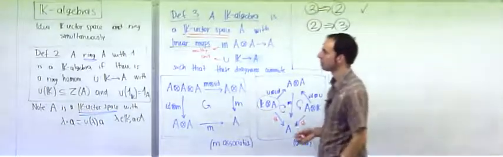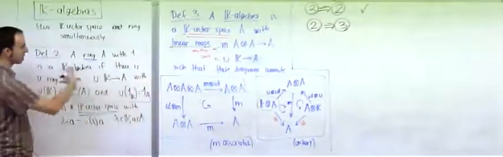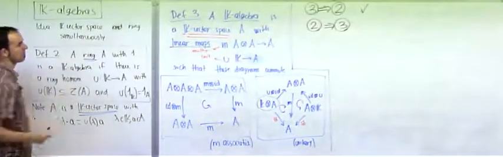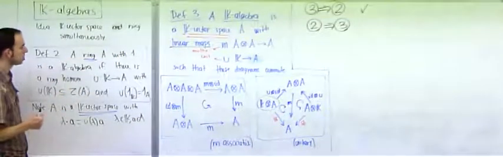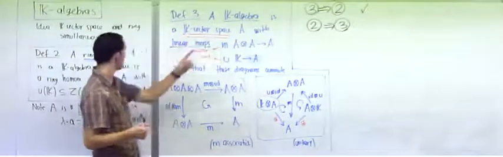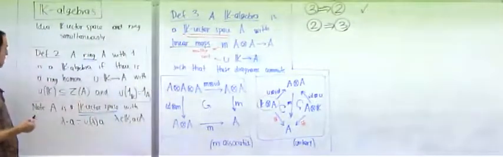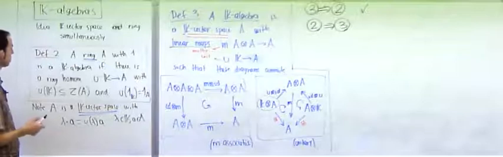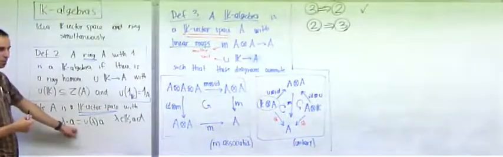Okay. So suppose I have a ring A with 1. I have all of this stuff, and now I need to make sure that I satisfy these conditions. So I need a vector space. Do I have a vector space? Yeah, I said it somewhere, right? Yeah. I have a vector space.